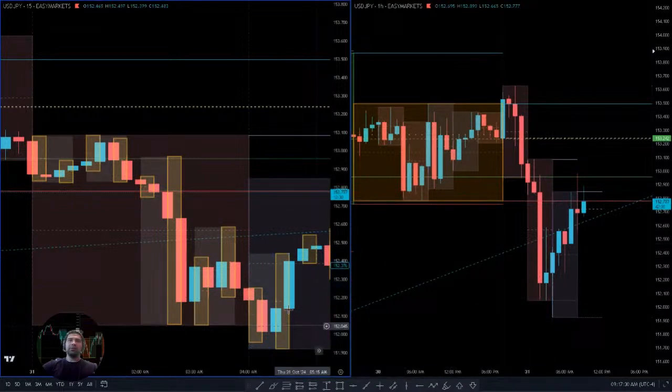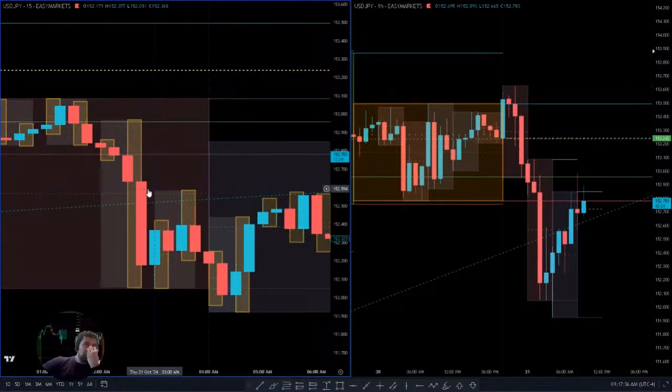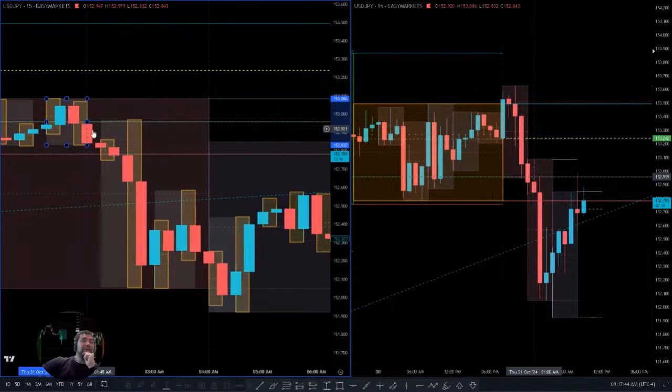Amazing move, guys. You see how they manipulated you? How people entered shorts around here, right? It is kind of like a government intervention that happened by the Bank of Japan, and this was a structure that was formed in here, right?